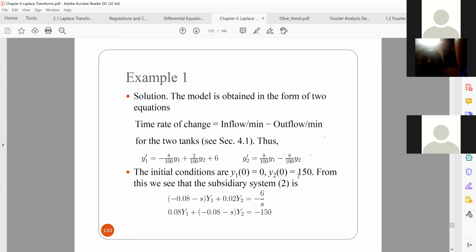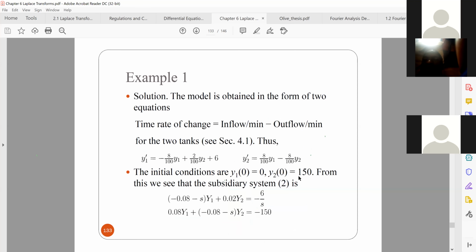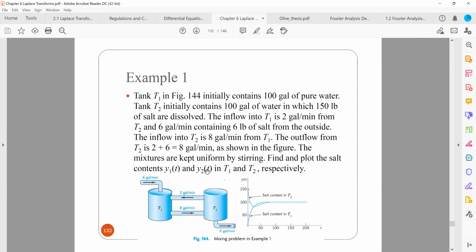Okay. So from the details we have been given, we could form 2 equations for the rate of change of the content of tanks T1 and T2. Denote the contents of tank 1 as Y1(t), and for tank 2 as Y2(t).